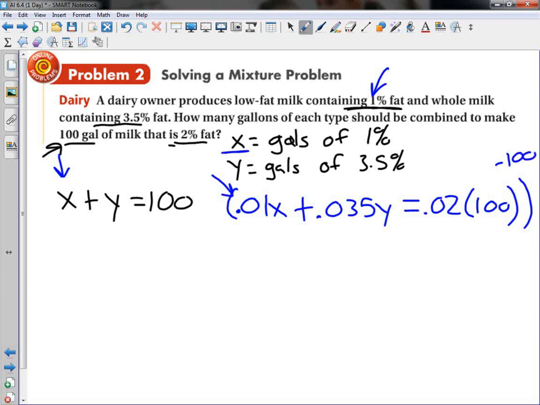So again, negative 100 times 0.01x is negative x. And negative 100 times 0.035y is going to give me a negative 3.5y.